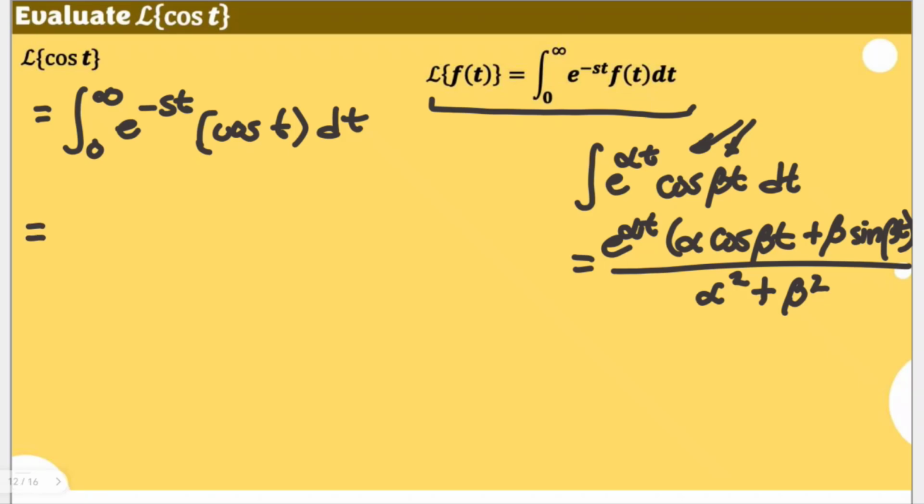Of course, here, the alpha, we know the alpha being the exponent of our e, except for t, so your alpha is negative s. And your beta is the coefficient of t, which is 1.